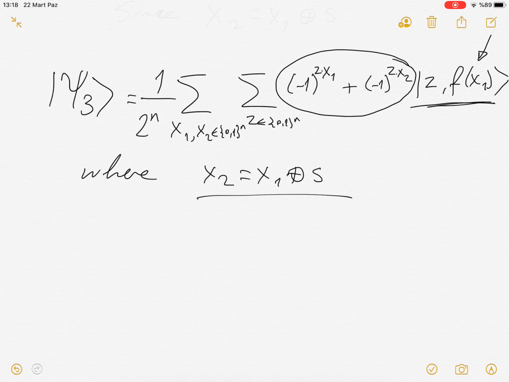I'm asking, when do I get 0 as the amplitude of |z, f(x1)>? The amplitude, the coefficient of this basis state, is 0 when this expression here is 0, right?